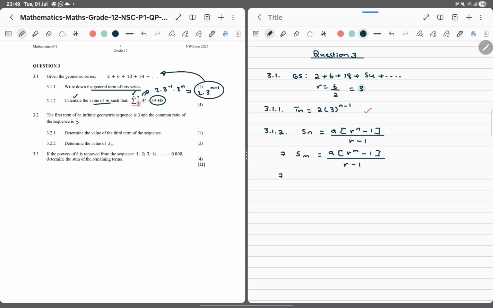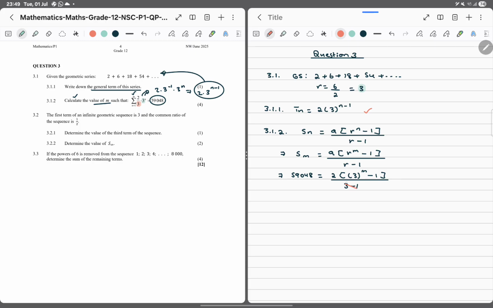This implies now Sm is basically 59048 equals, the first term here is 2 into r, which is 3 to the m minus 1 all divided by 3 minus 1.